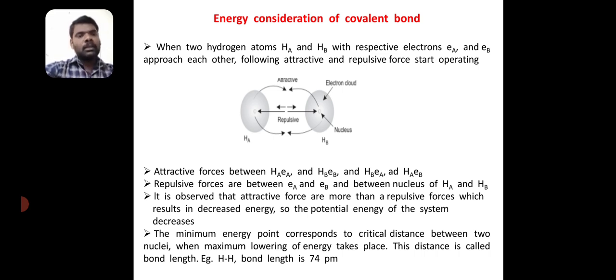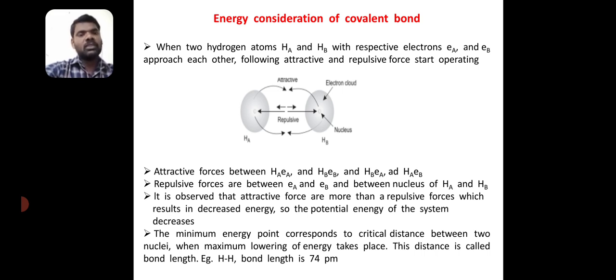The attractive forces are between the nucleus of hydrogen atom A and the electron of atom A, the nucleus Hb and the electron of atom B, Hb and the electron of atom A, and Ha and Eb. The repulsive forces act between the electron of A and the electron of B, and between the nuclei of Ha and Hb.